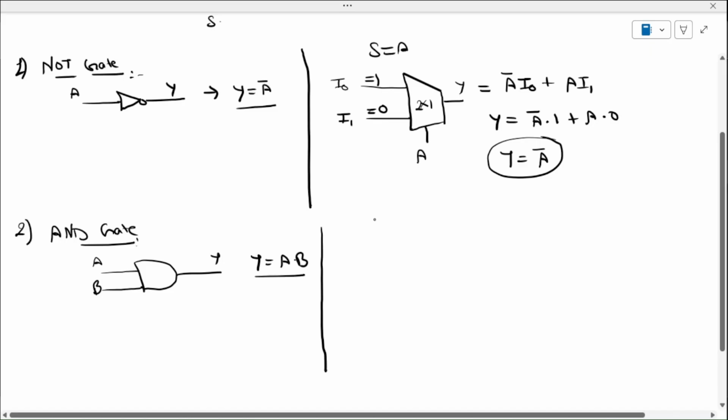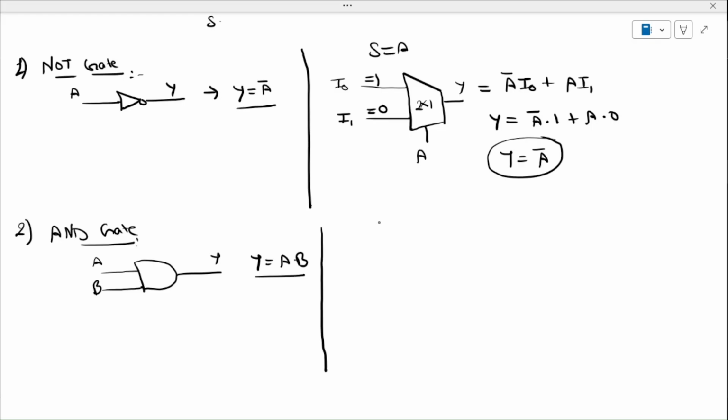So firstly, let's choose a variable that will be used as a select line. Suppose B, so S equals B. The 2 to 1 multiplexer select line will be B, with I0, I1, and output Y. Whenever my B is 1, at that time A is transferred.